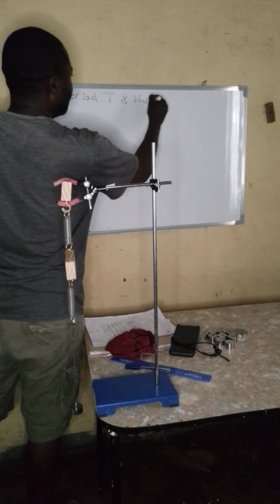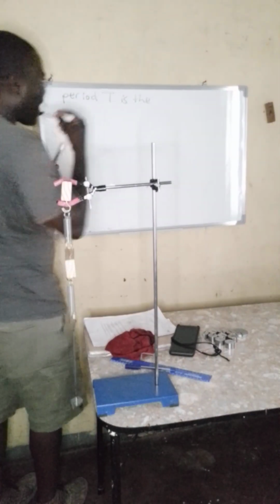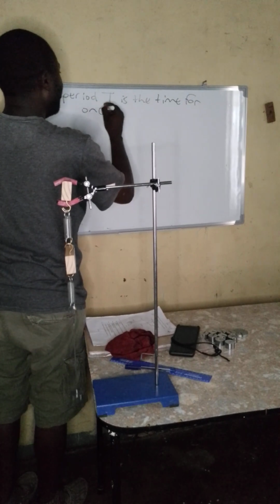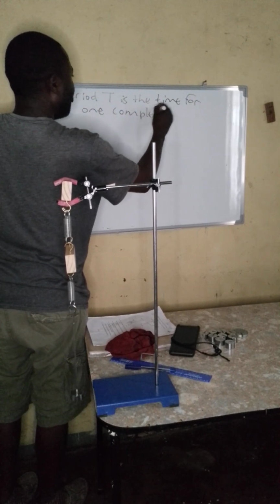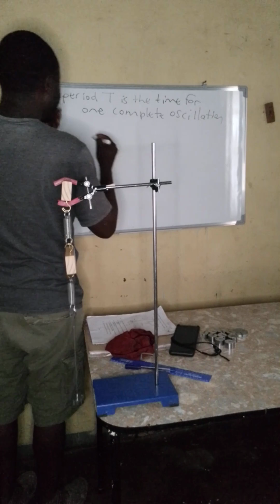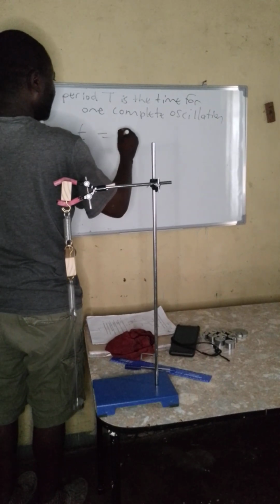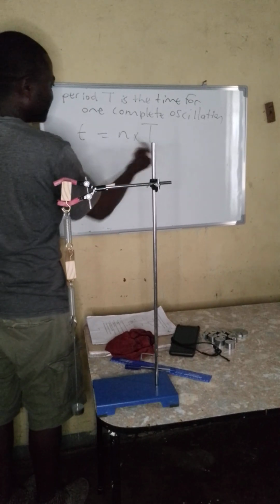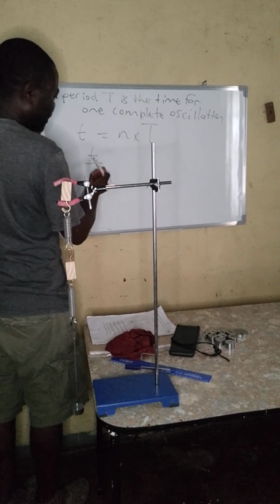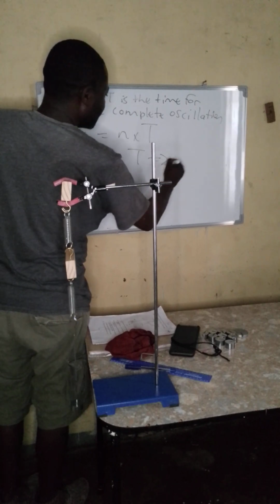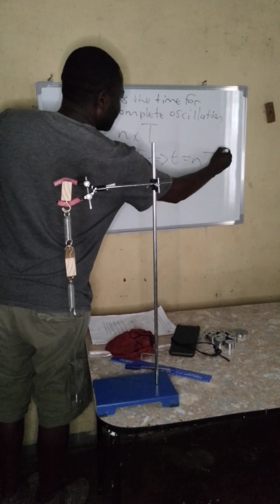Period T is the time for one complete oscillation. So t is equal to n times T, for a certain number of oscillations. So T over n, t over the number of oscillations, you get T, right? Which brings us to t is equal to nT.